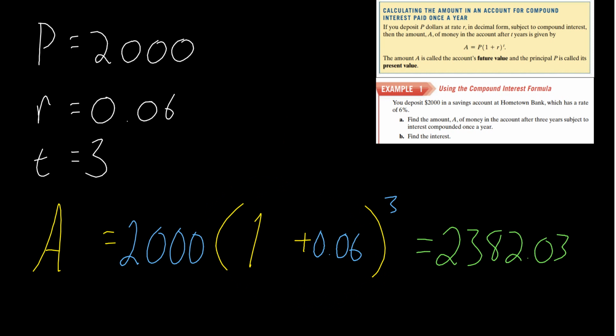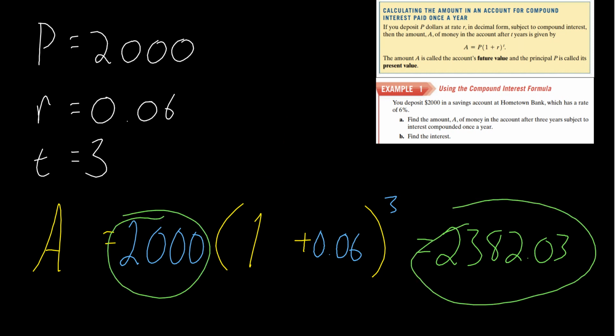Alrighty. So that's A. We just found the amount, and B reads, find the interest. Well, the math here is pretty easy, right? If we started with $2,000 and we get up to 2382, the interest is obviously going to be $382.